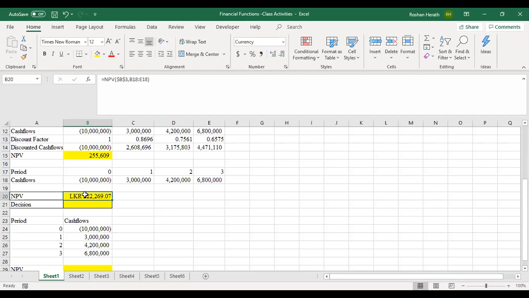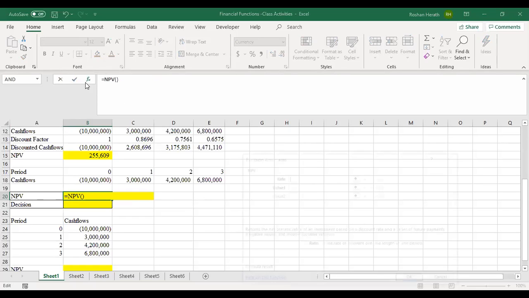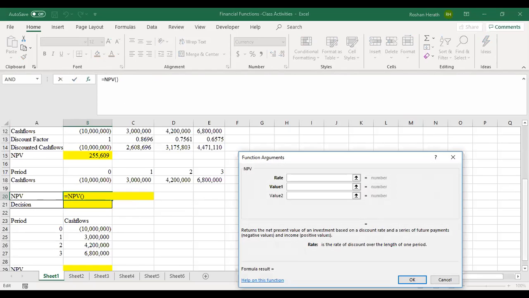What is that? It assumes that whatever cash flows you select occur at the end of the period. Therefore, when you use this inbuilt NPV function, you have to ignore the year zero cash flow, take the rest of the cash flows, and take the year zero cash flow separately. So you take the NPV again, and the discount rate has to be identified.